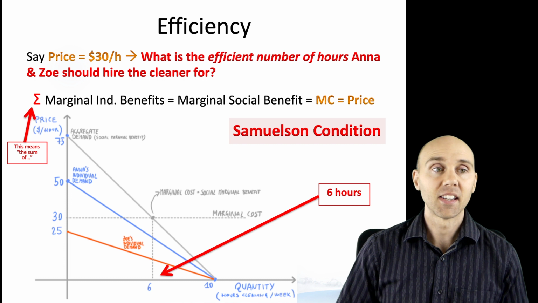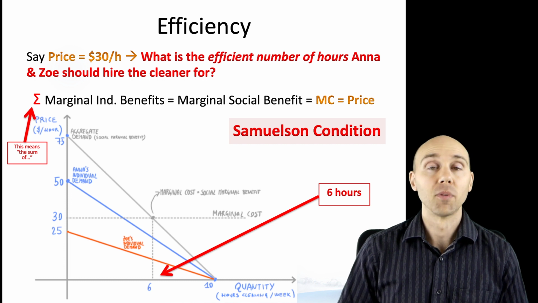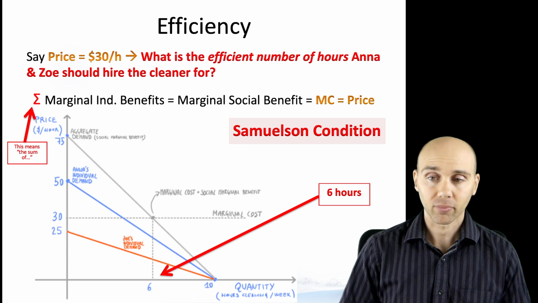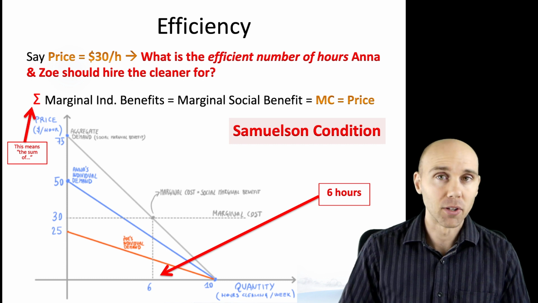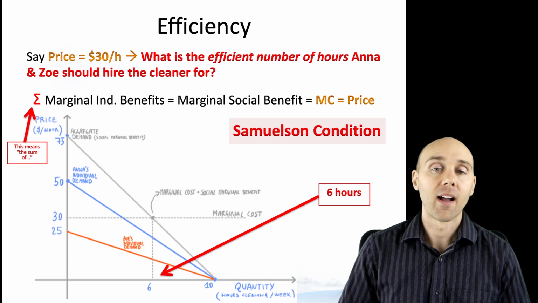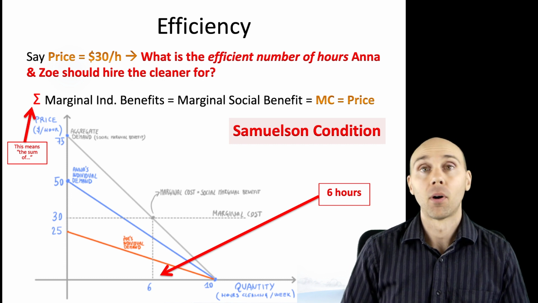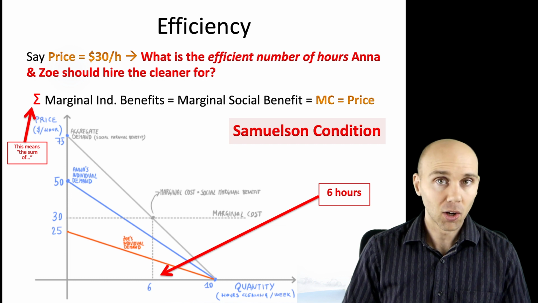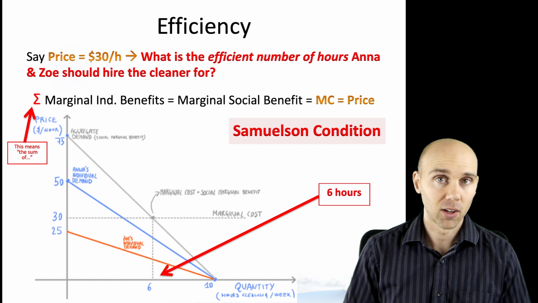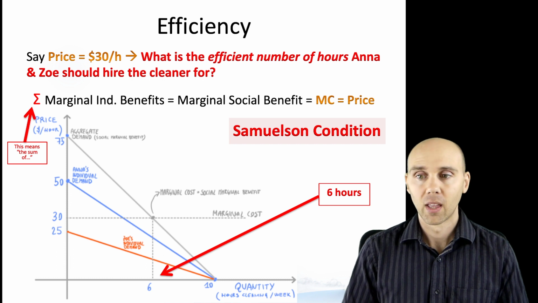And that tells us that 6 hours is the socially optimal amount that should be consumed. Now, this is exactly what we do in private markets, and we find that it works perfectly well. We get our aggregate demand curve by summing up horizontally our individual demand curves. We set that intersection at the supply curve, and boom, we're done.